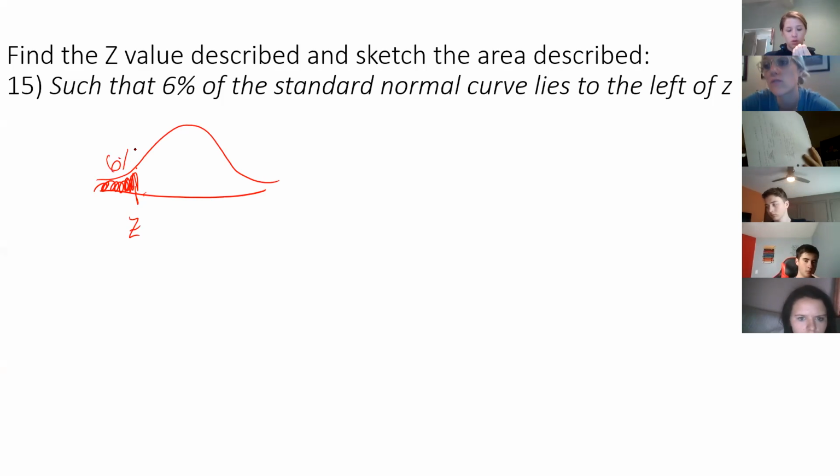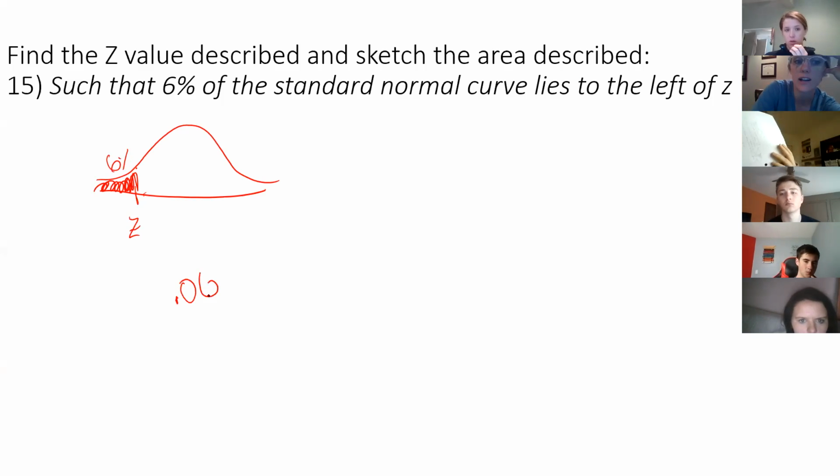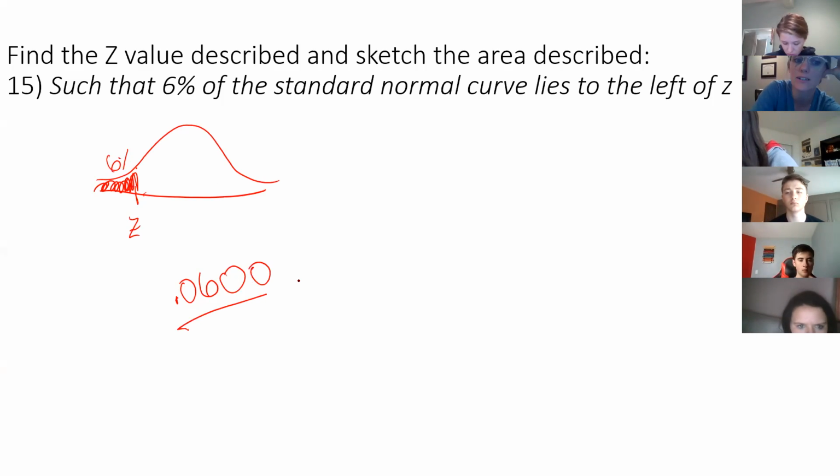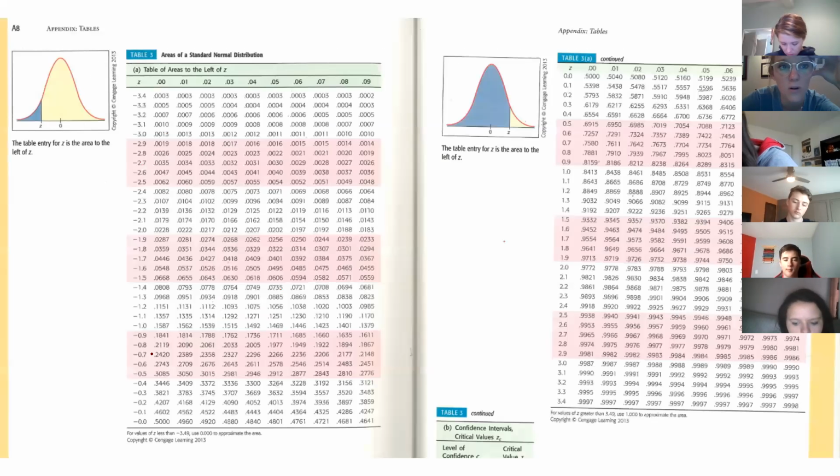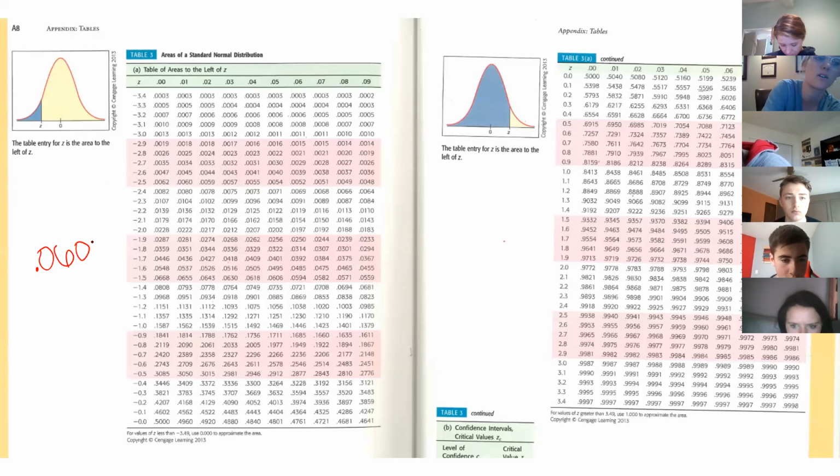So what are you looking for in the table? 0.06. Technically, because the table has 4 digits, I'm going to write it out like this: I'm looking for 0.0600 in the table. So here's your table. I'm looking for 0.0600.